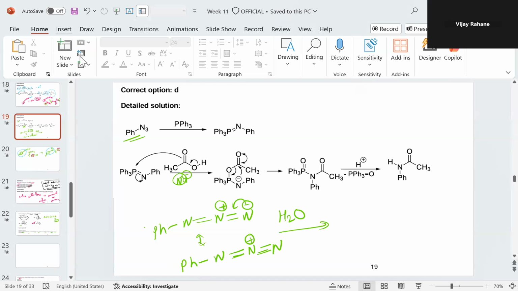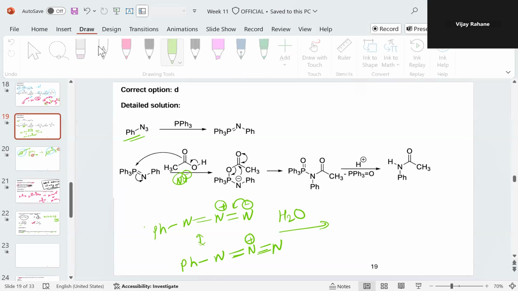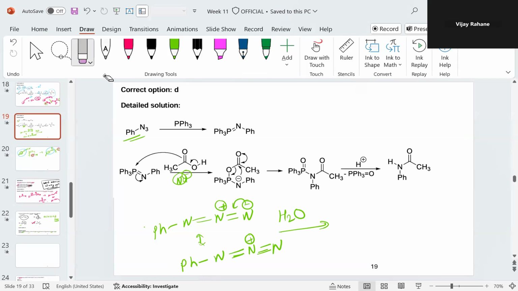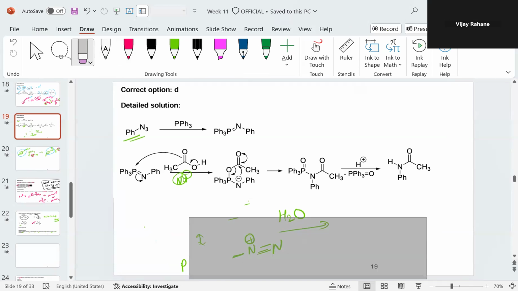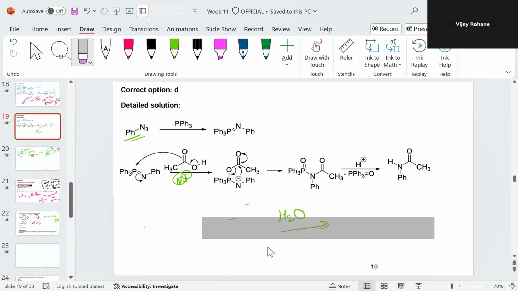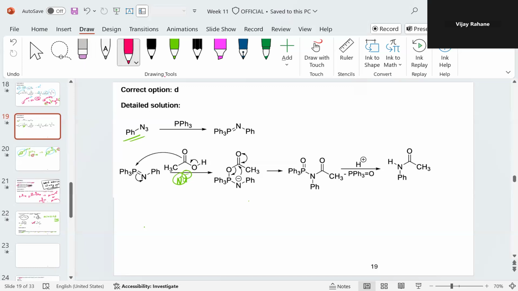Now, I think directly we can start from here. The first step will be the same, which is the intermediate formation. Up to here is the same. Now instead of the carboxylic acid, we have water.